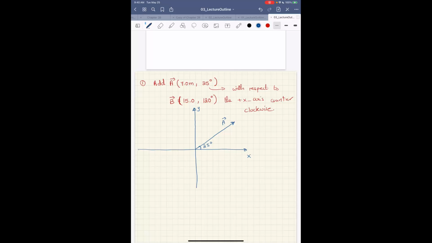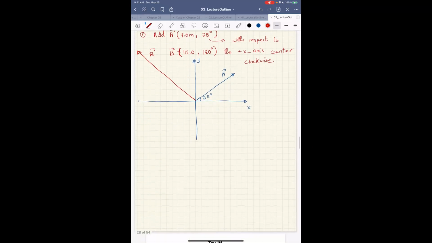Then I have here 60, and this is my B. Okay, in order for me to find that graphically, I want to have more space, so I will say this is my A. Of course, I should use a ruler and a protractor.